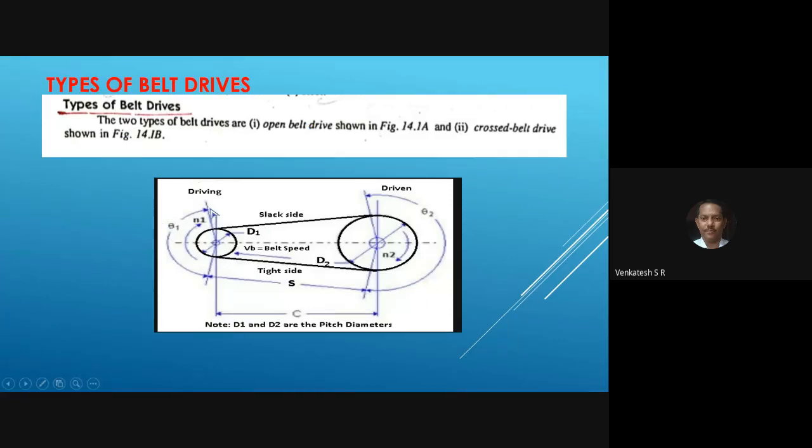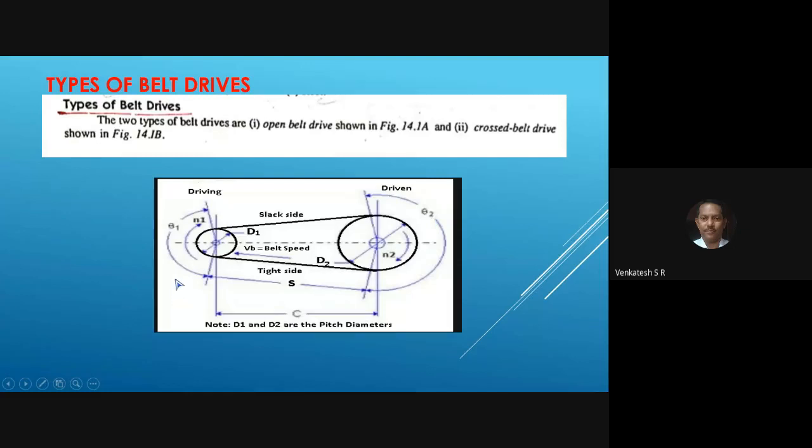Show the arrow mark like this, curved arrow, mention contact angle θ1. This side you show me like this and write contact angle θ2.